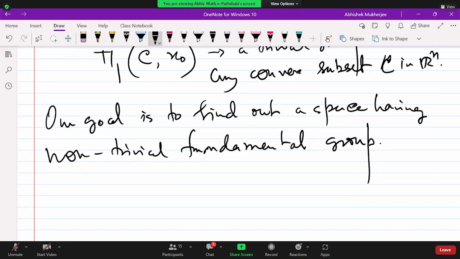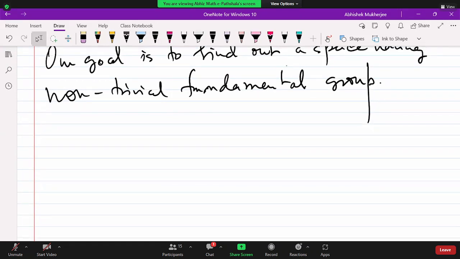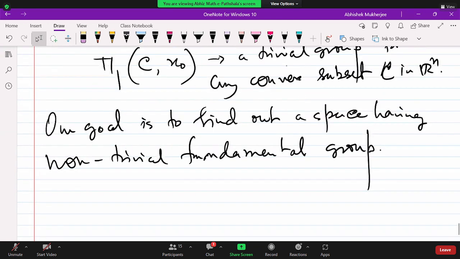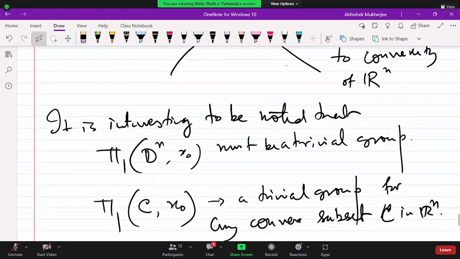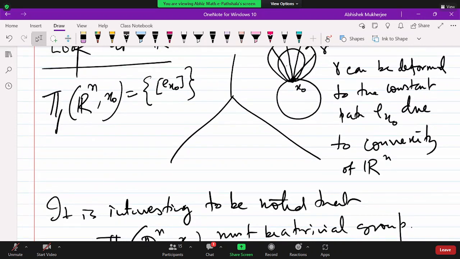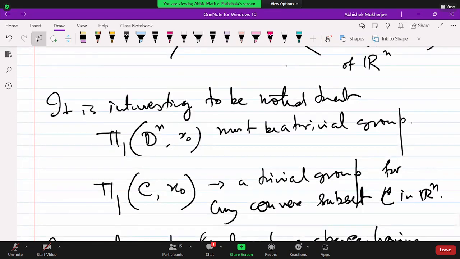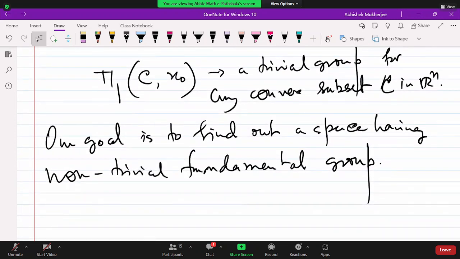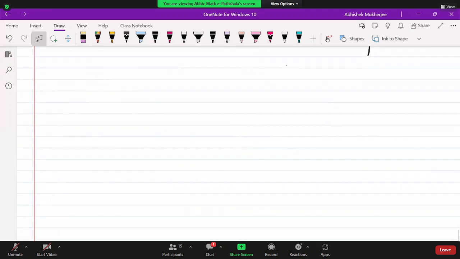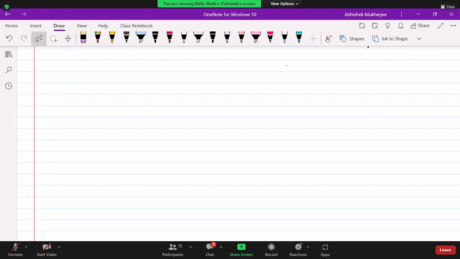So before coming to this, we need to put some care on that base point, right? Whatever we have defined, maybe sometimes one might be confused whether it depends on this x naught or not. If you are changing this x naught, whether the group will change or not. Okay.